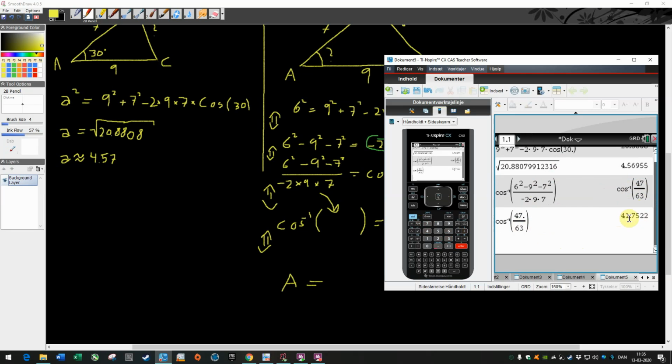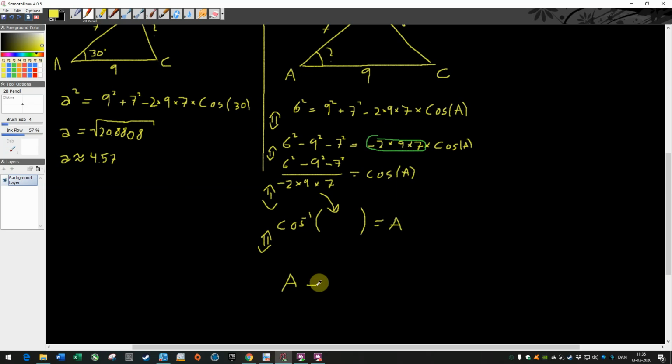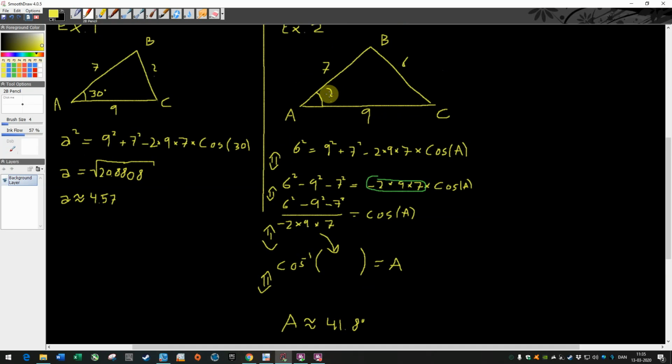So it is 41.8. So 41.8 degrees. Yes. Now you know this angle. Let's say if you wanted to calculate C now, since you know A, you could use the law of sine, because now you have a pair. You have this pair, right?